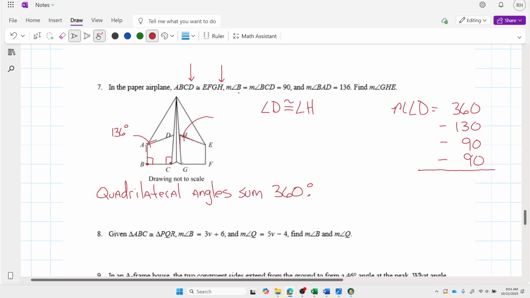So that's 360 minus 180 minus 130, which is 50 degrees. If the measure of angle D is 50 degrees and D is equal to H, then the measure of angle H is 50 degrees.